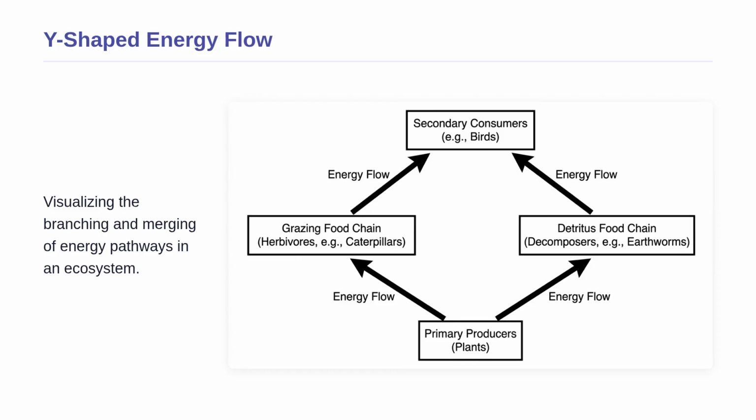The right path represents the detritus food chain, supporting decomposers like earthworms. Finally, follow the arrows upwards to see both pathways converging at the top. They merge at the secondary consumers, like our bird. This diagram perfectly captures how ecosystems split and recombine energy to maximize survival.